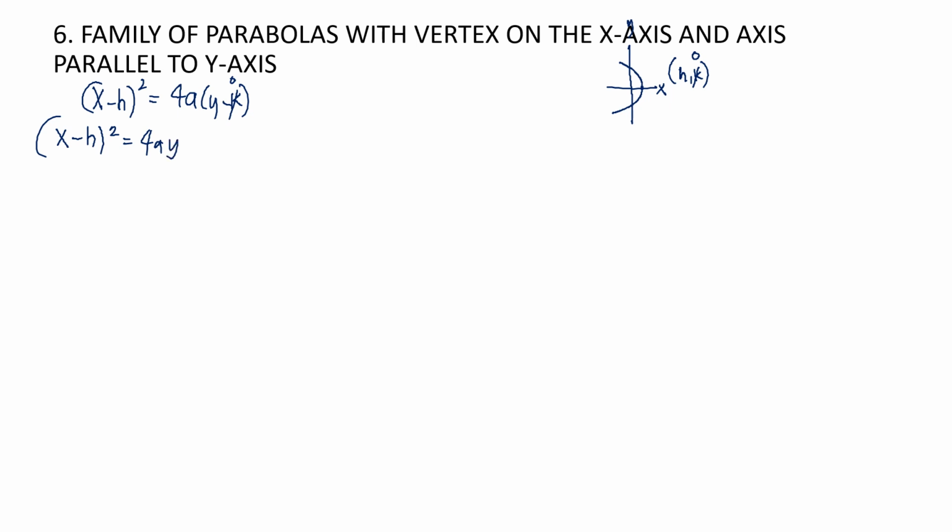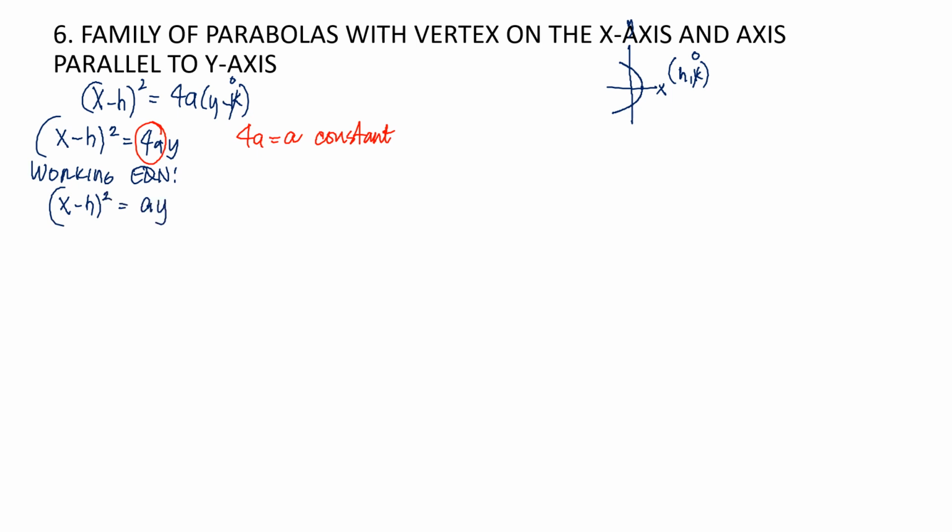Okay, but again, so we have a 4a na constant, and ang rule natin in differentiation or in our DE, our constant will remain the same. So we can say that 4a is just equals to a since they are constant. Para lang matanggal natin yung numerical value ni constant. Well, anyway, this is constant. So, our working equation now is x minus h squared is equals to ay.